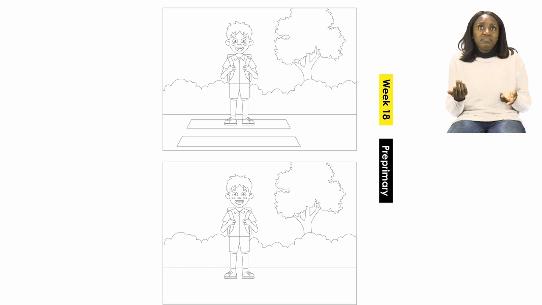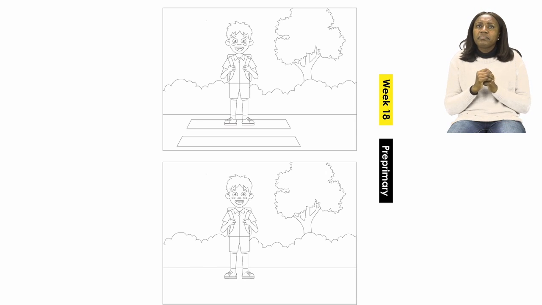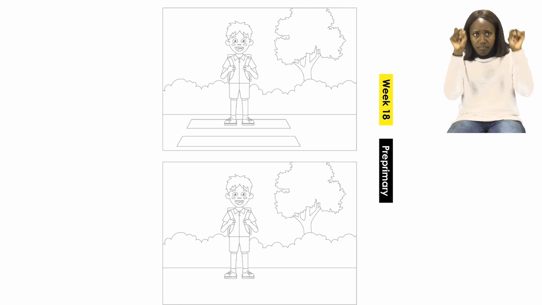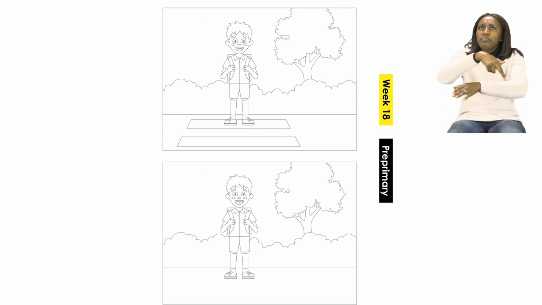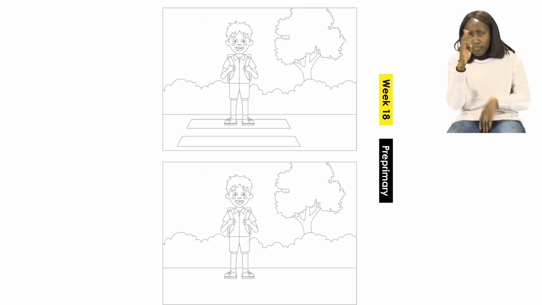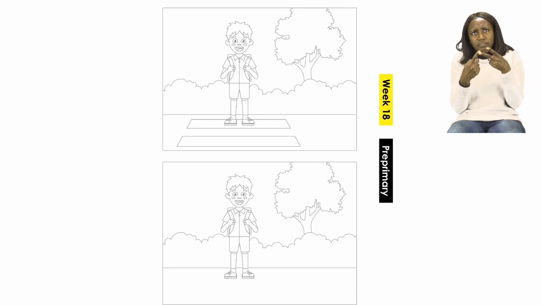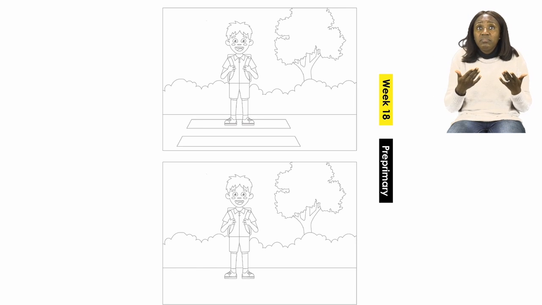Let's go back and see what they want us to do. It says in your booklet, identify with a cross the correct picture when crossing the road. So you have to go back and look at these two pictures again. Are you going to cross the road on the right side where the crossing is?